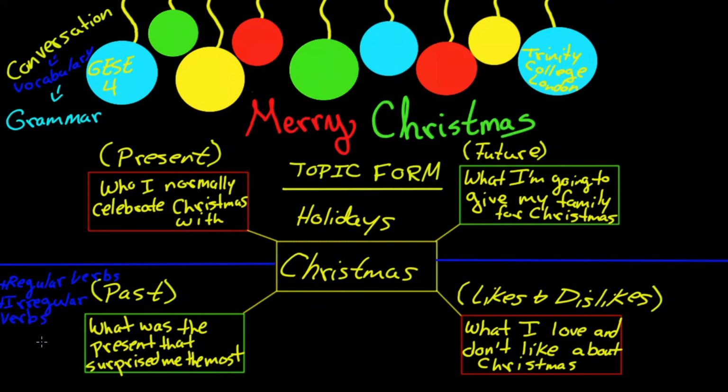Okay? So we need to put regular, irregular verbs in the past. We need to put going to. So over here, we need to think about putting going to, because that's going to represent a plan that we're making for the future.